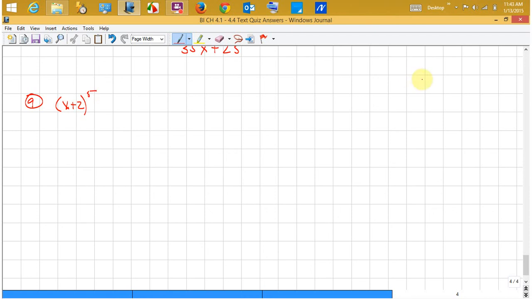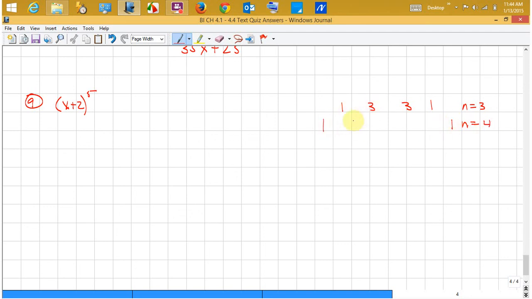Now, let's talk about Pascal's triangle. So I'm just going to go ahead and write the third row. This is where n equals 3. And that would be 1, 3, 3, 1. So n equals 4 would be I have a 1 here. I have a 1 here.